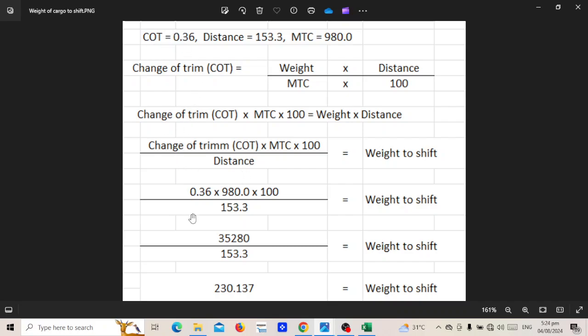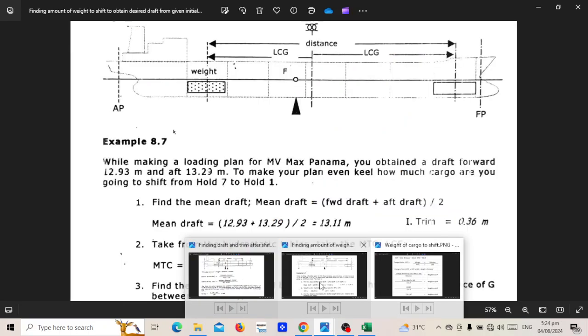It is 36. Your MTC is 980 times 100, the constant, over distance. What is your distance? It is 153.3. And the answer would be 230.1. Okay, that will be the same as this one.